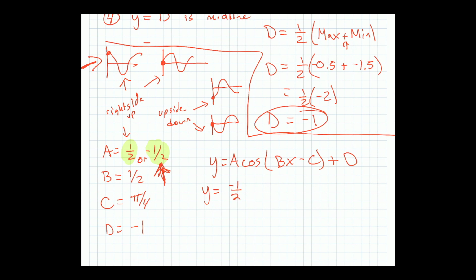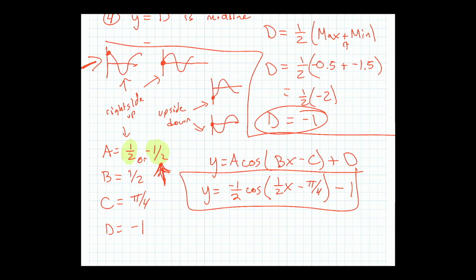So you have -1/2 cosine bx, b is 1/2, minus c, so that's minus pi over 4, plus d, d is -1, so just -1. And that's your graph right there.